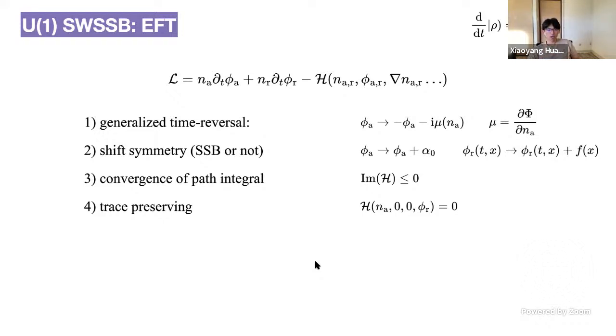So the final point is to say that under the dynamics of the H tilde, you still have the trace preserving property of your density matrix.